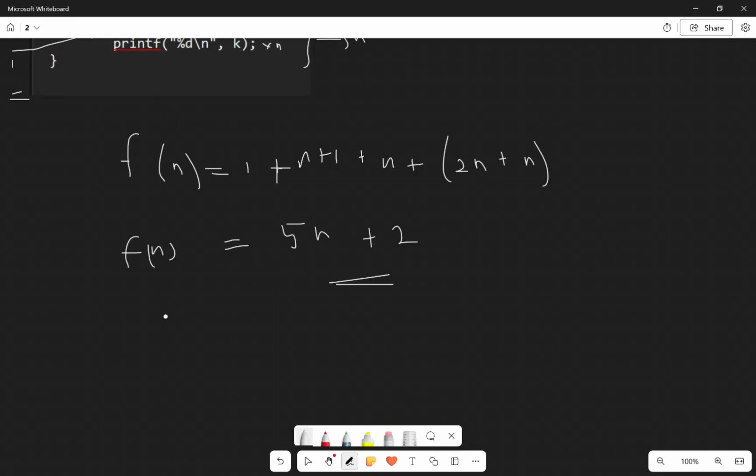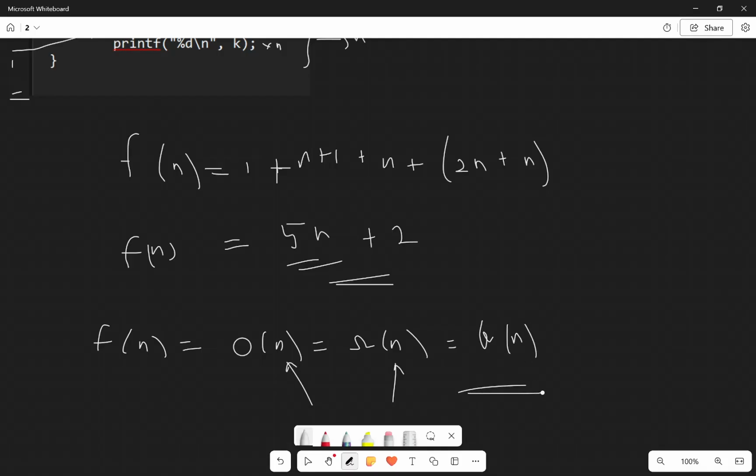By looking at the most dominant term, as I mentioned before, I can say Fn is O of n. It's also omega of n because O of n and omega of n have the same g of n. I can say this one is theta of n as well.